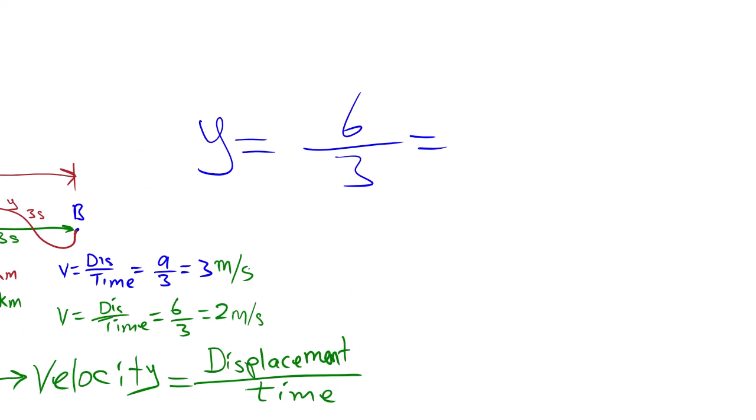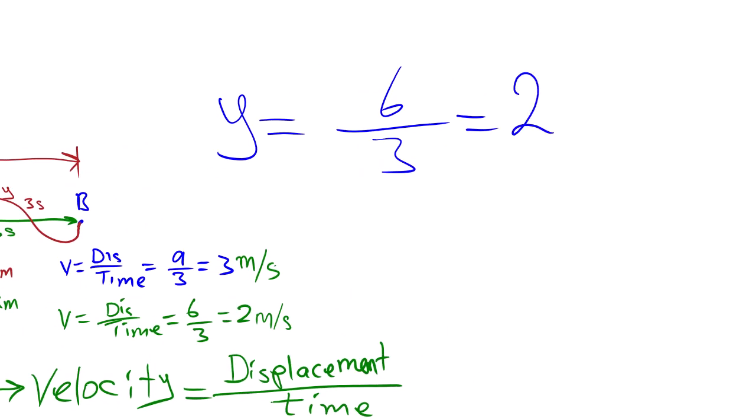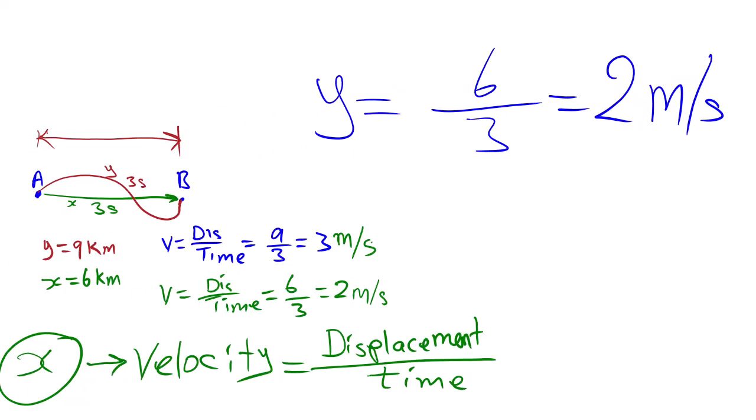what do you call it? Yes, it's equal to 2 kilometers, let's say, per second. Okay, let's assume this 6 is in meters, so 2 meters per second. And for object x, the velocity is 6 over 3, because the distance is 6.